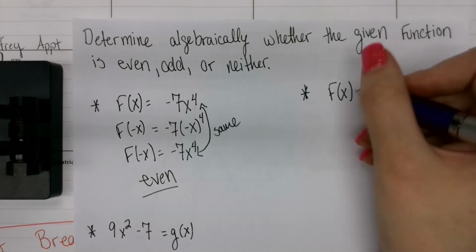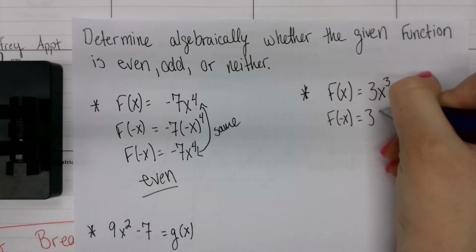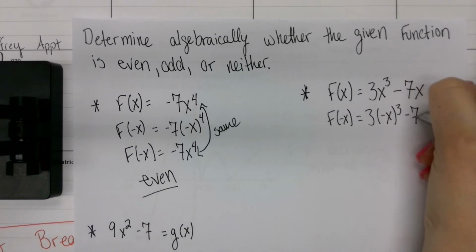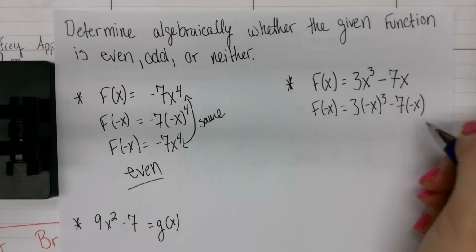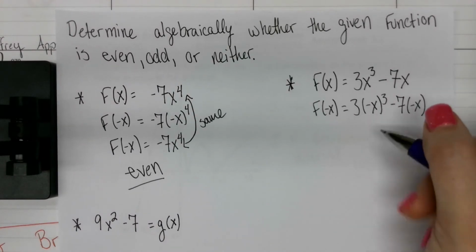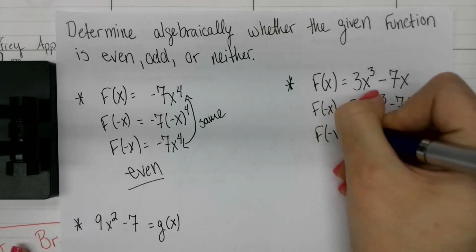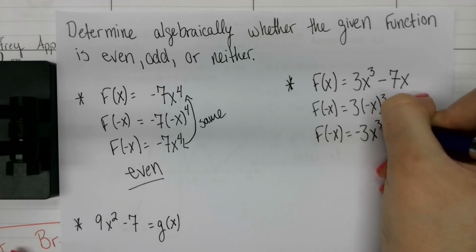This one over here, we're going to change it to our negative x. So 3 times negative x cubed subtract 7 times negative x. So negative x to the 3rd power: negative times negative is positive, times a negative is negative. So I'd have f of negative x equals negative 3x cubed.